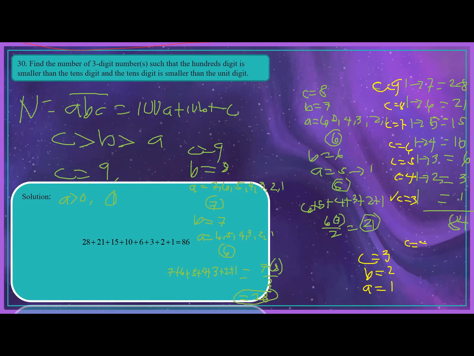When C equals 4, you have B equals 3, and A would be 2 and 1. And when B equals 2, your A would be 1 only. I'll count again: 1, 2, 3. Correct. So there's no 2. That's 84 only.